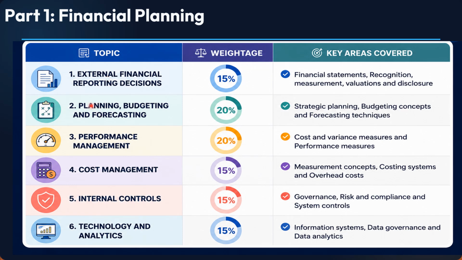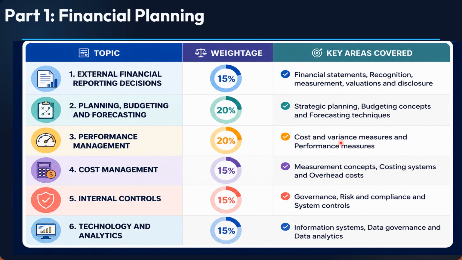Next topic is planning, budgeting and forecasting. Here 20% weightage is given, and these are the topics: mainly strategic planning, budgeting concepts and forecasting techniques. Then comes performance management. Again, 20%, that means 100 marks is devoted to this topic.